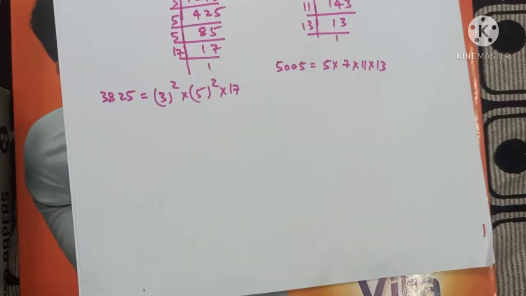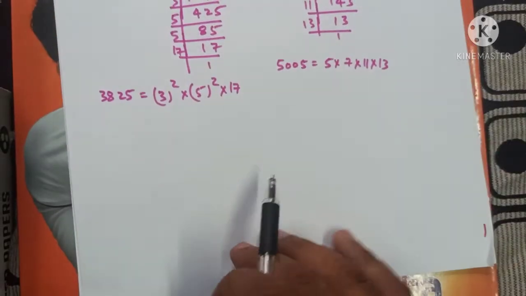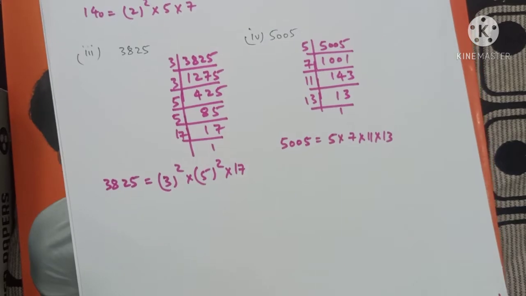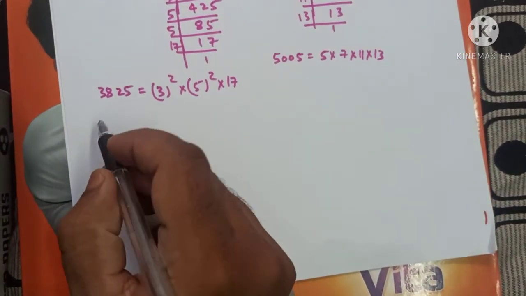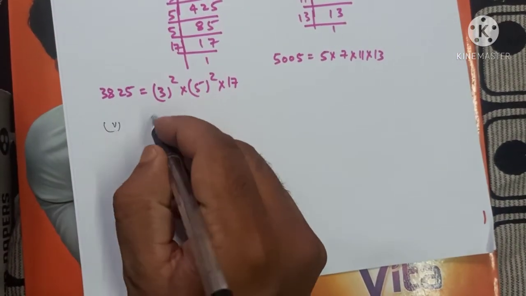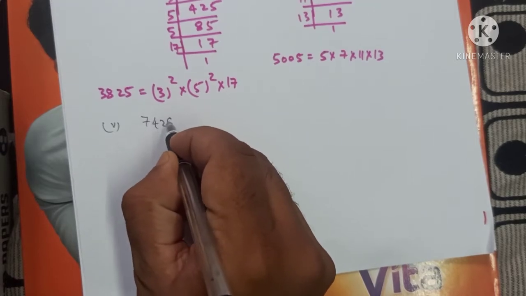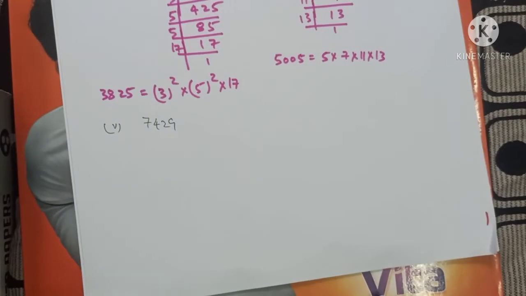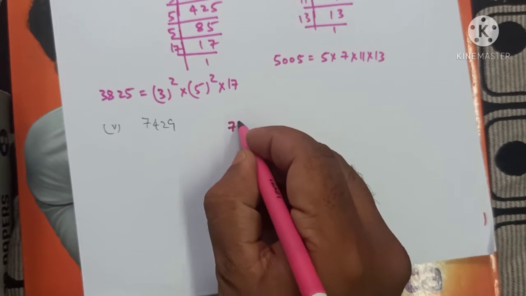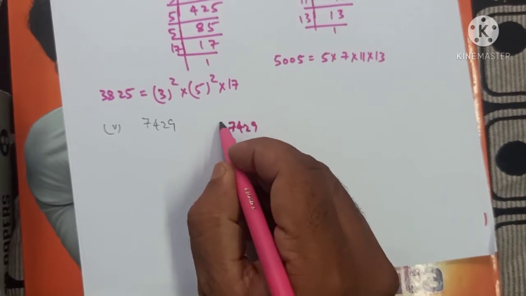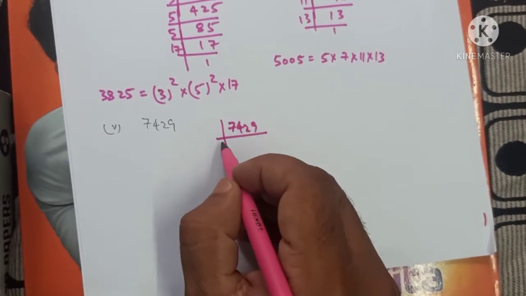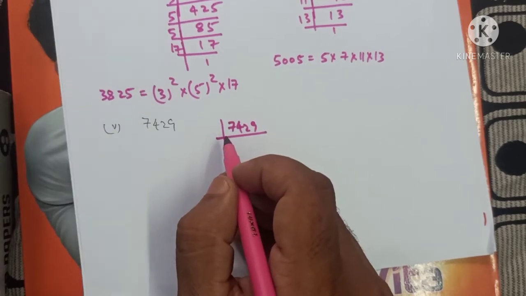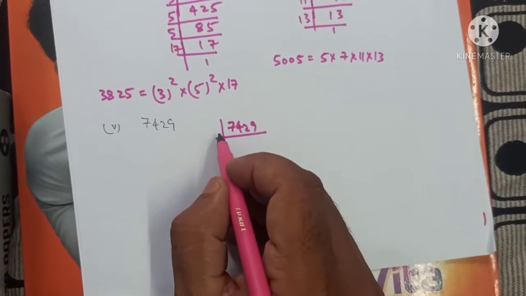Okay. Next one, the fifth part, is 7429. So 7429 can be expressed. It cannot go with 2, 3, 5, 7, 11, 13.